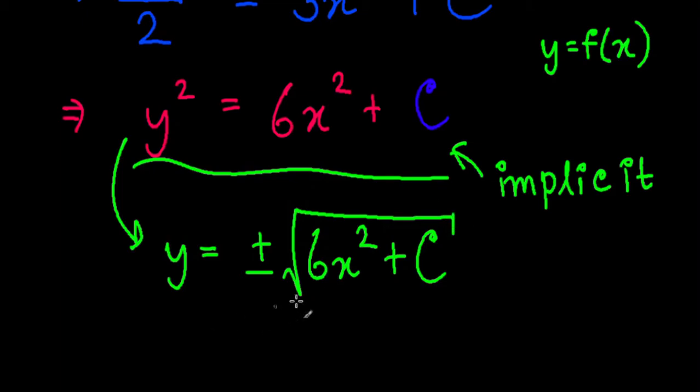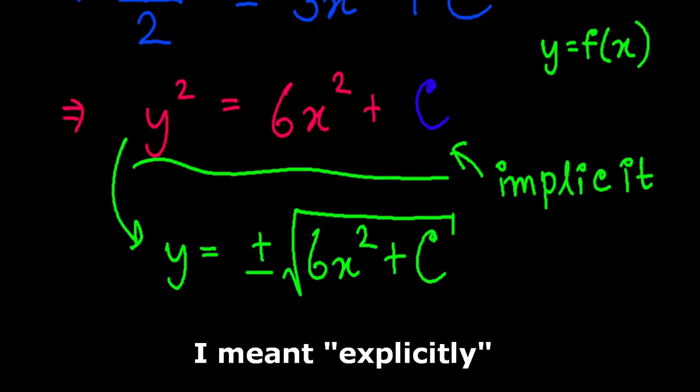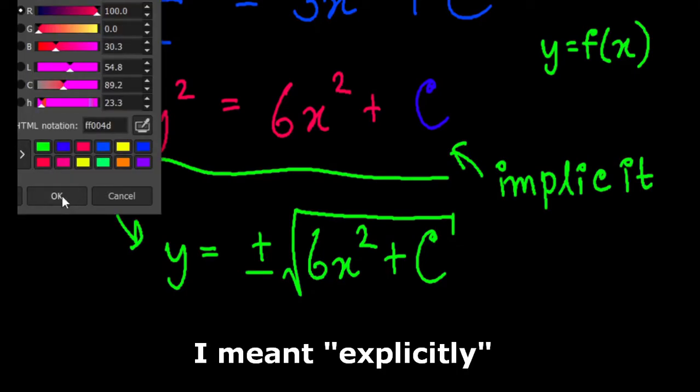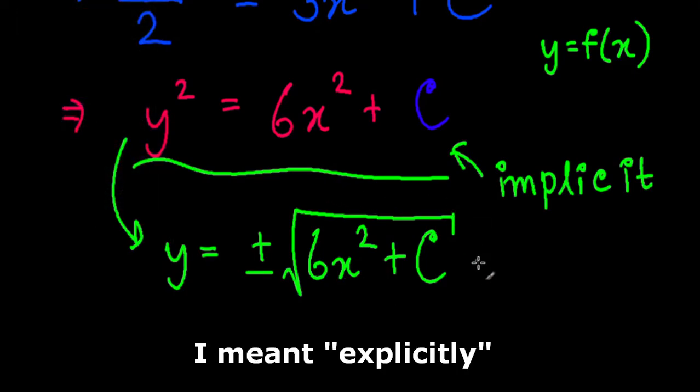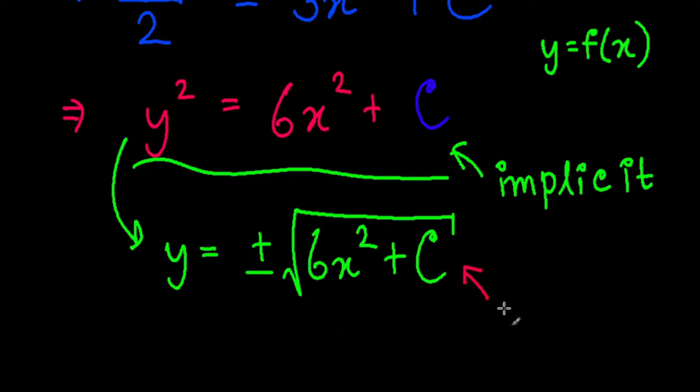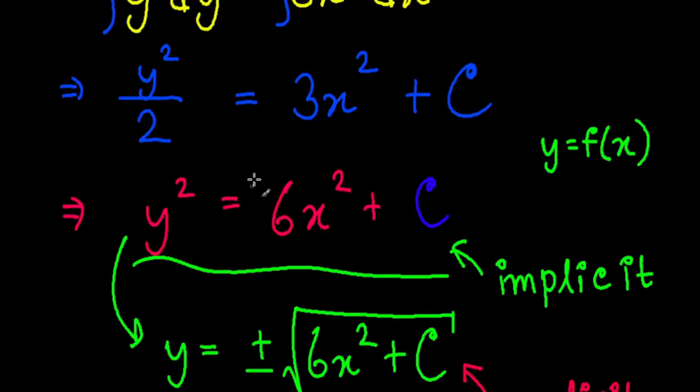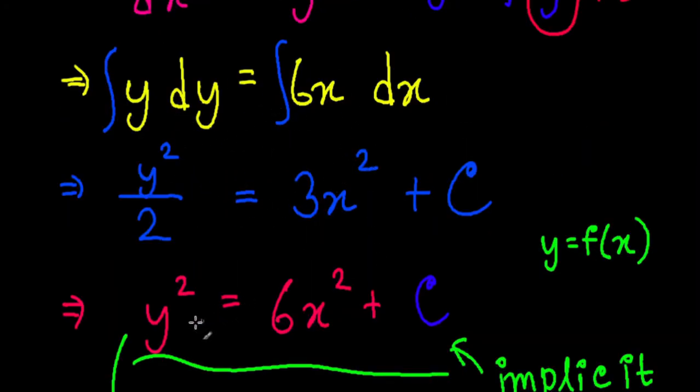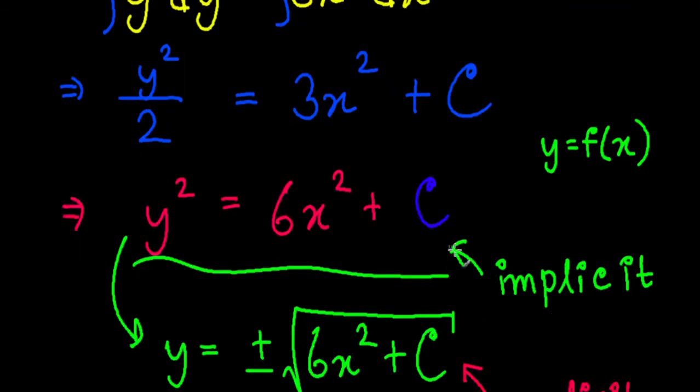But anyways, I won't get too deep into that. So this is how you'd implicitly express y, whereas here y is clearly some function or relation of x, so this is the explicit form. You only need to do this when you're clearly told to find the explicit form. Otherwise, it should be fine to leave it as it is.